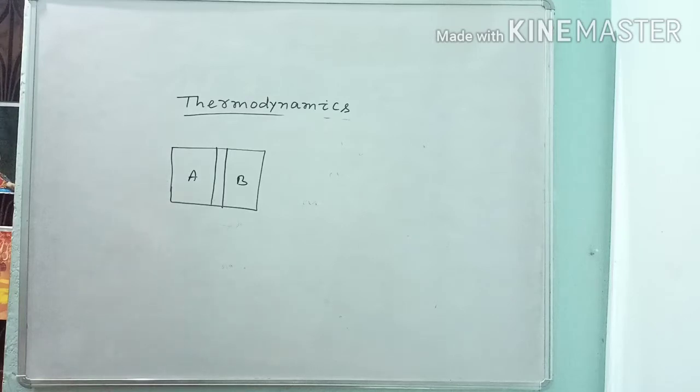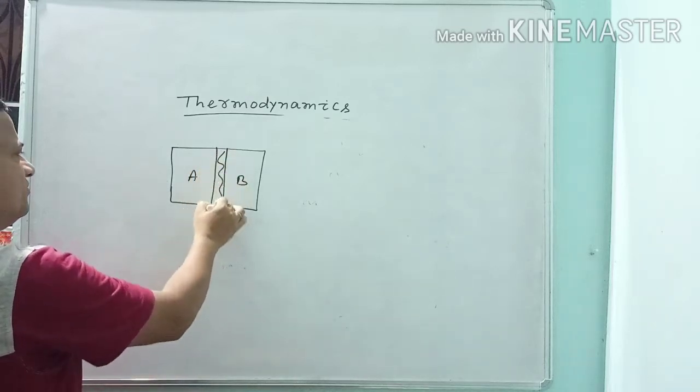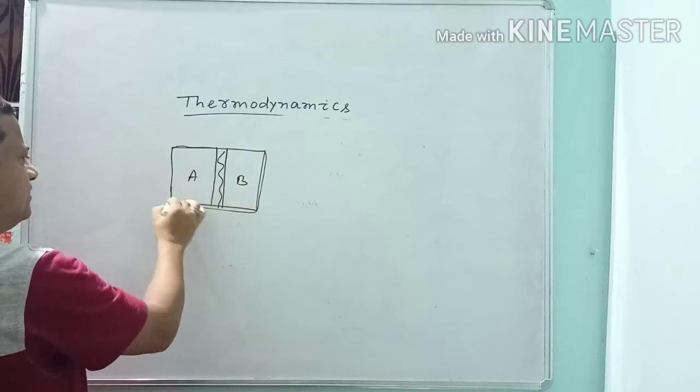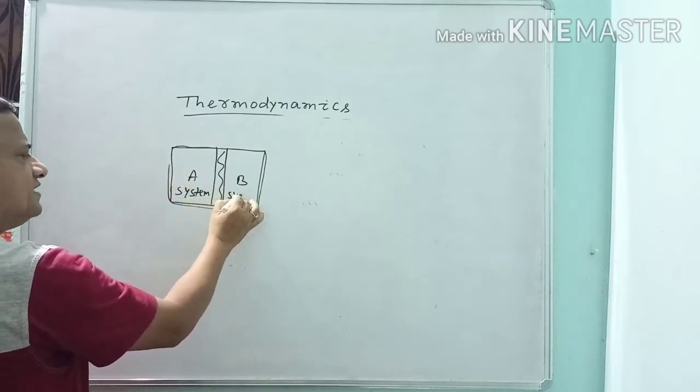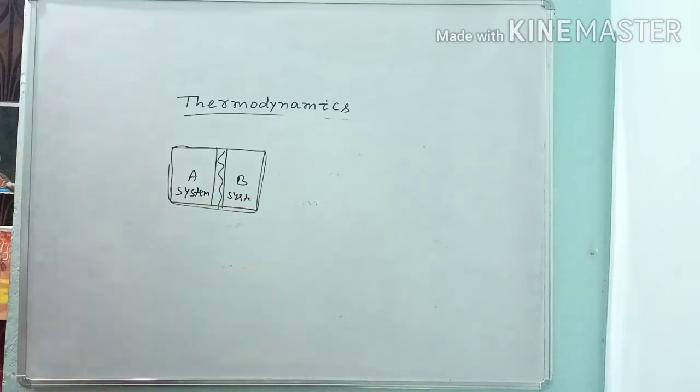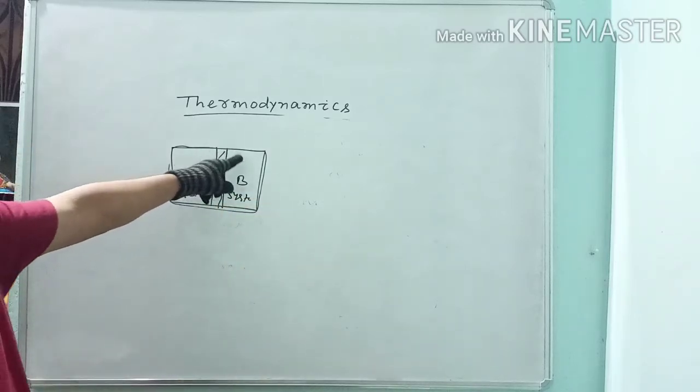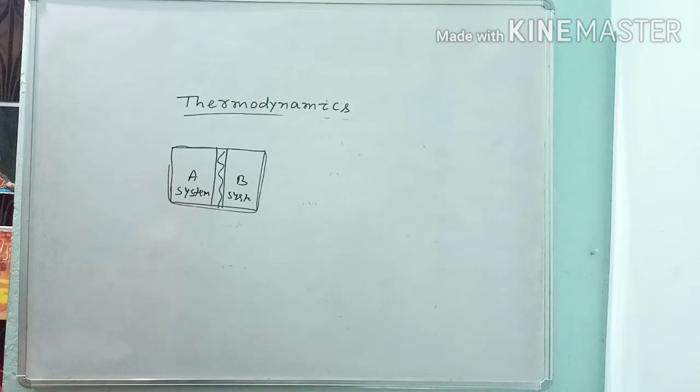Suppose these are insulators. This is a system, this is a system. So in this case we say these two are not in thermal equilibrium.